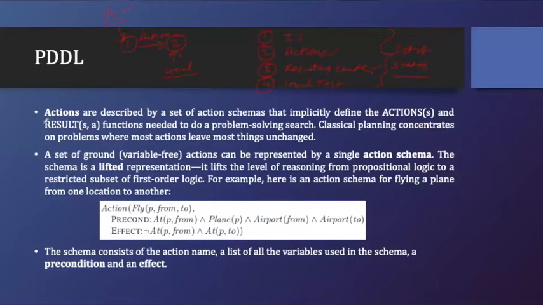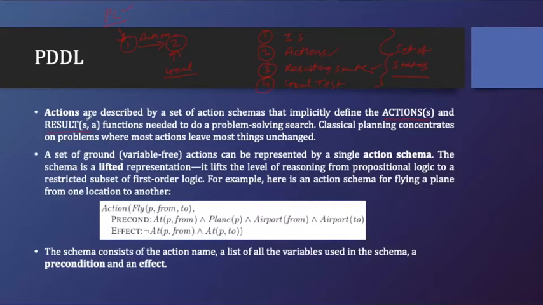Now let's understand what an action is. The actions are described by a set of action schemas that implicitly define the actions and results. What is the meaning of actions? We have some actions that are defined in each state, and we have to apply some results.